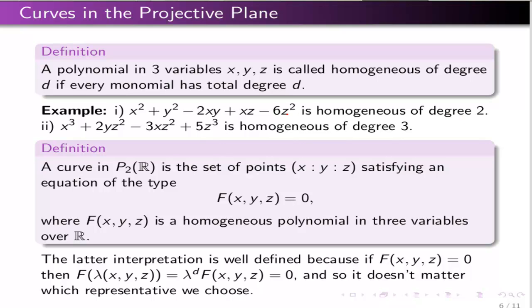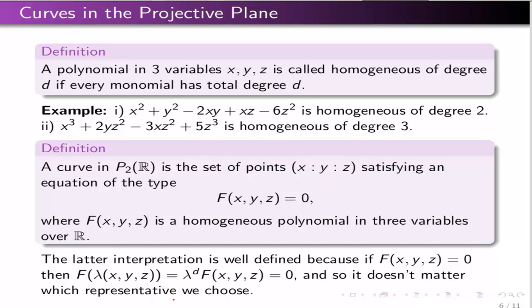It's also called a quadratic form. The second example, every term is homogeneous of total degree 3, and that would be called a cubic form. So a curve in the projective plane is the set of points x, y, z satisfying a homogeneous polynomial equation f of x, y, z equals 0.